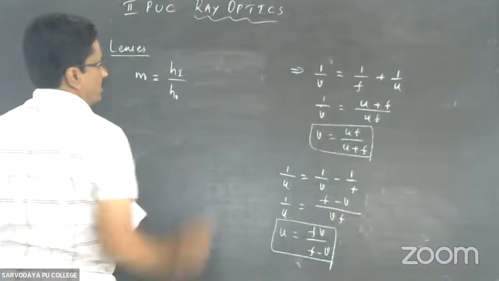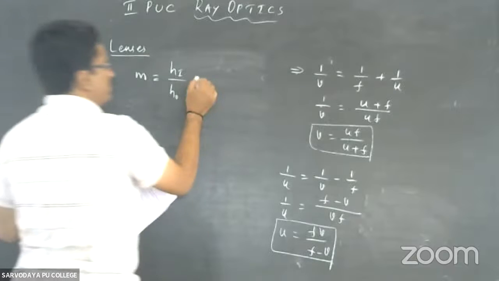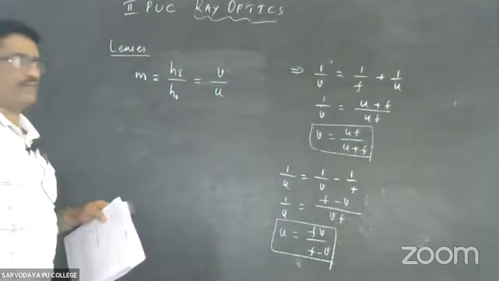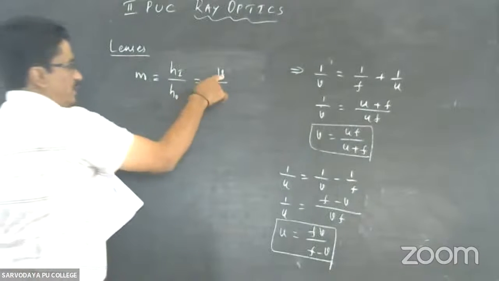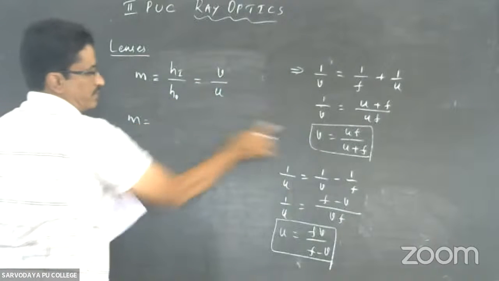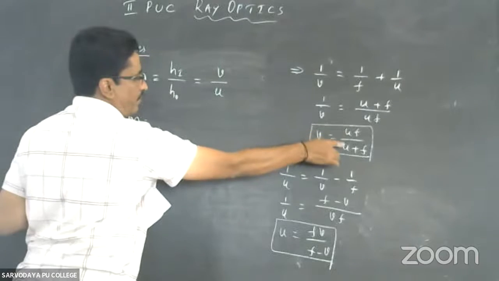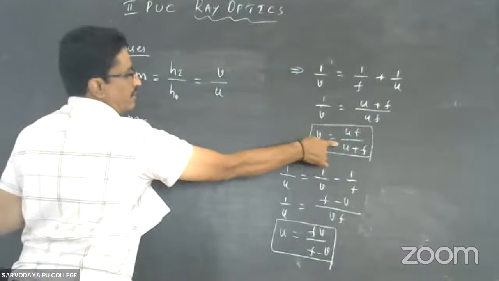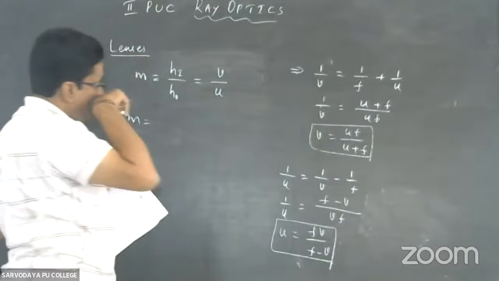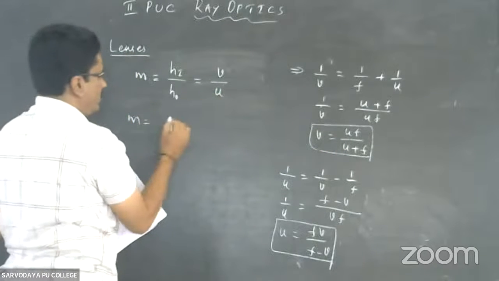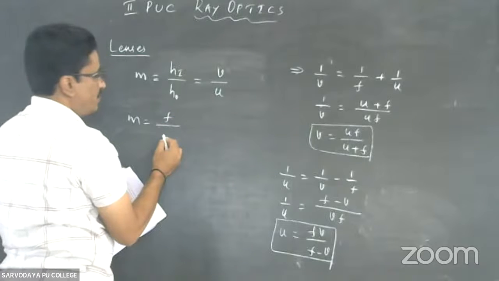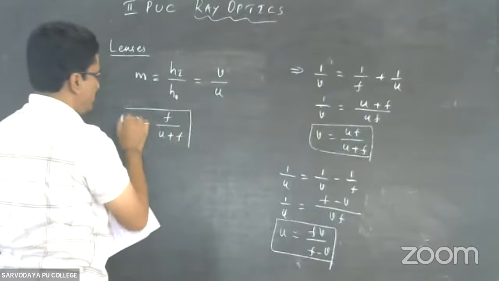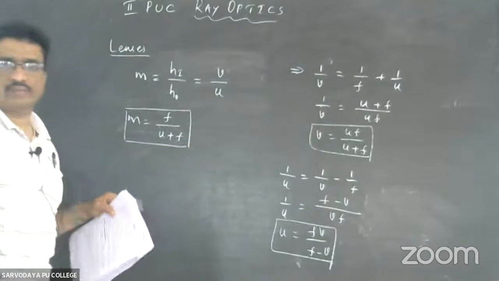But in the case of lenses, it will be equal to v by u. Once you consider this v, here itself you have the formula for v in terms of u and f. If you substitute v, that is uf by u plus f, then u cancels out. Therefore, the formula becomes m is equal to f by u plus f. This also it is better to remember.